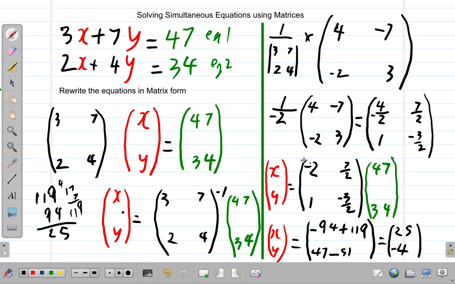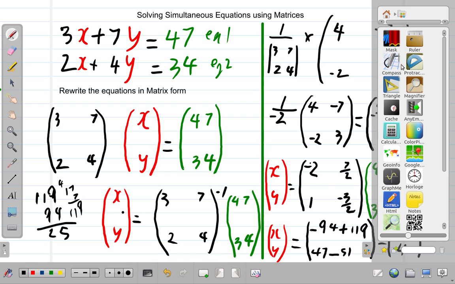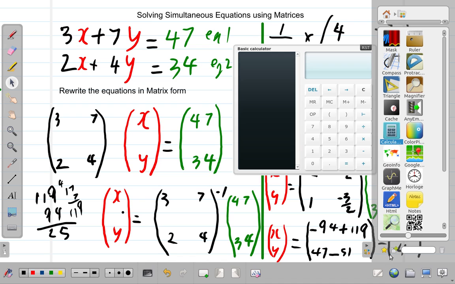Alright. So if we get 3x plus 7y is 47 and 2x plus 4y is 34, and we get 25, negative 4, what we can do is do a little test. Once we solve any pair of simultaneous equations, we can always test it to make sure everything is all right.